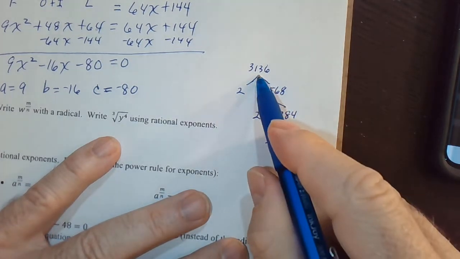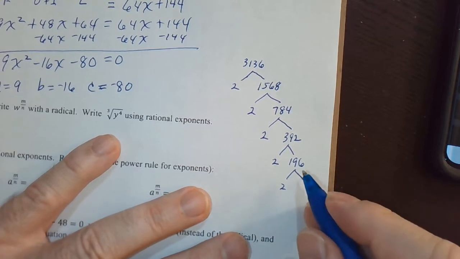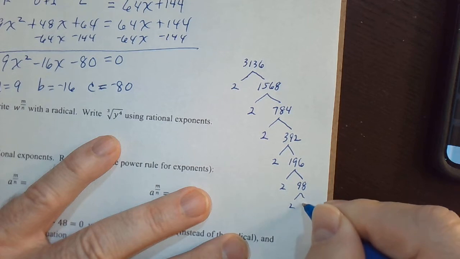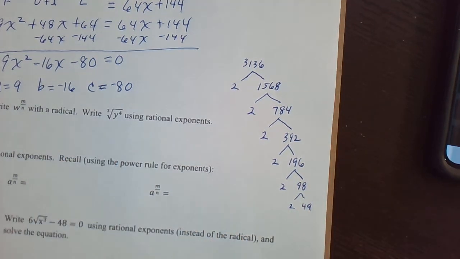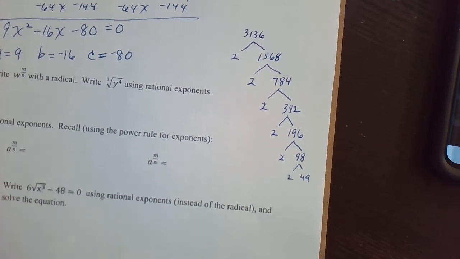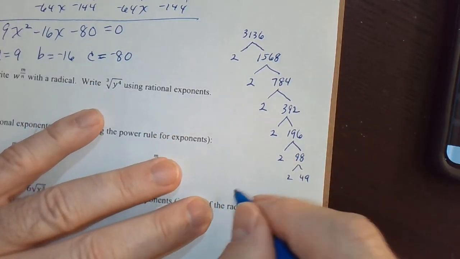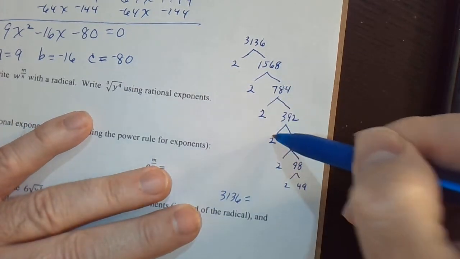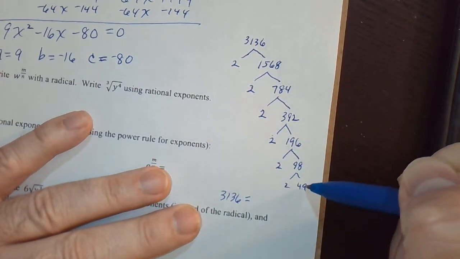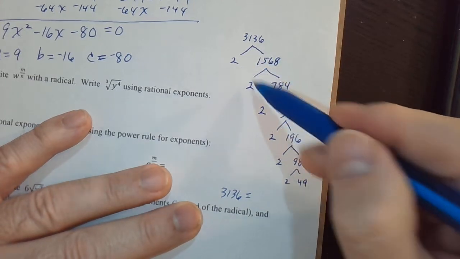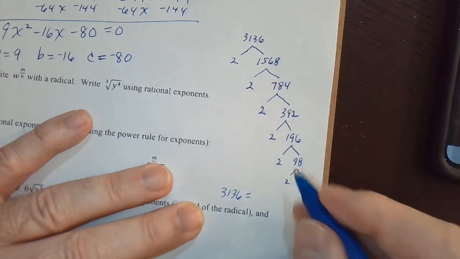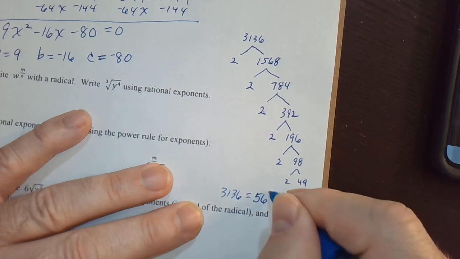I'm having to completely factor 3136. 196 would be 2 times 98. 98 would be 2 times 49. Okay, so what that tells me is that 3136 is equal to 2 to the sixth times 49. It is equal to 8 squared times 7 squared.